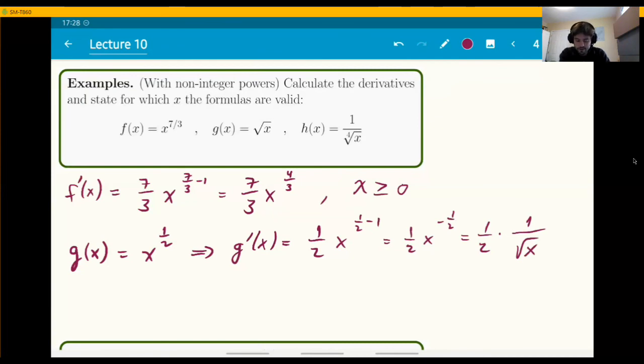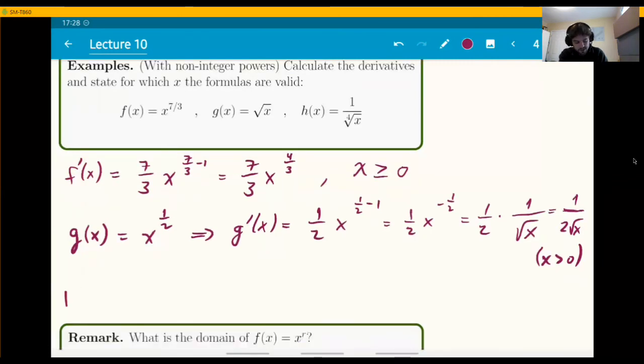So the derivative of square root is 1 over 2 root x. I think we have computed this before by directly computing the limit, and now we can find it much more easily. The domain for this expression is positive x only, because now that you have an x in the denominator, it cannot be 0. Sorry.